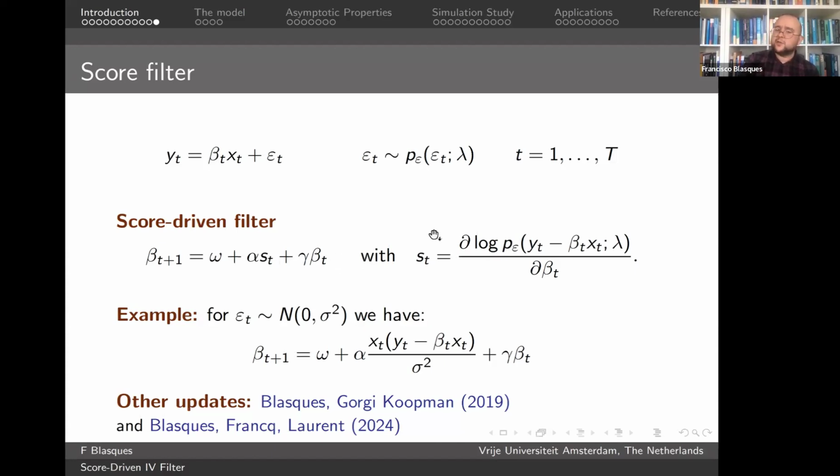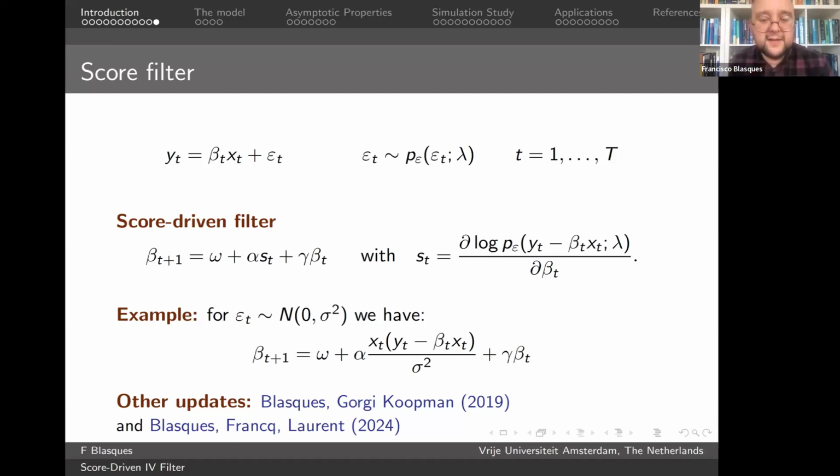So this S_t that we call the score is then the derivative of the log likelihood contribution with respect to beta. And we use that derivative to make sure that at each step we're updating beta, say up or down, in such a way as to improve, right, the likelihood according to this latest likelihood contribution.